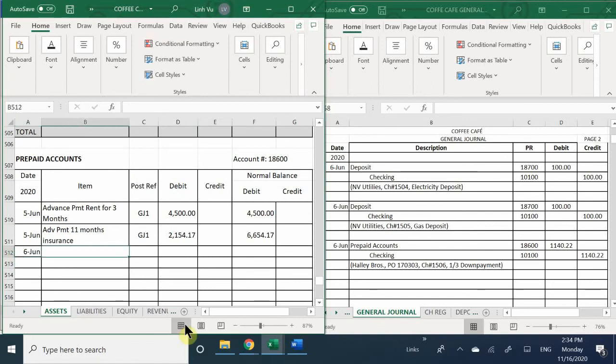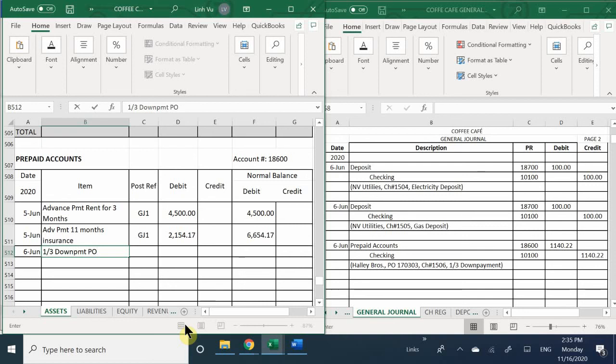And then, prepaid, or can you state that it's like prepayment on PO number? You could also do check, so that you don't have to write a bunch of stuff. You can look at the PO number, see what you prepaid, and then the check number, see how much you paid. Exactly. So in this case, I'm going to write 1/3 down payment. So PMT. Okay.